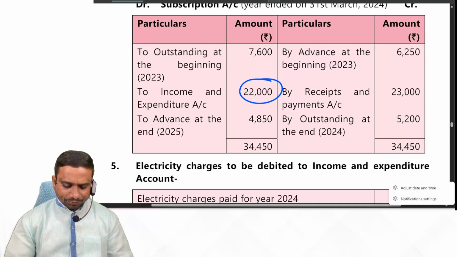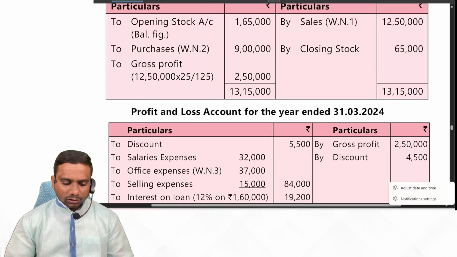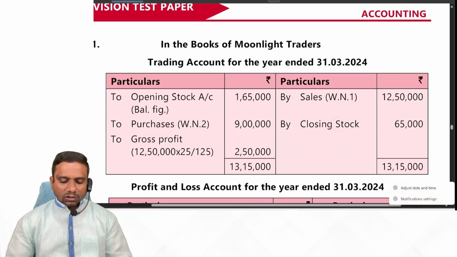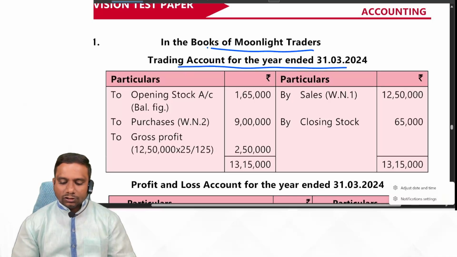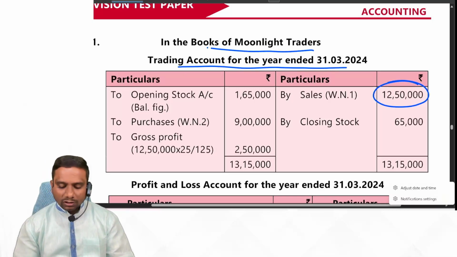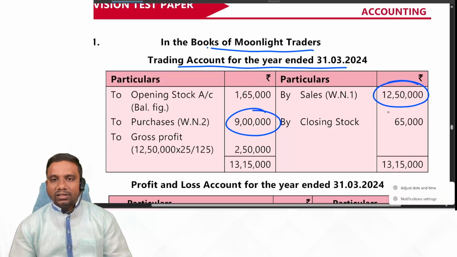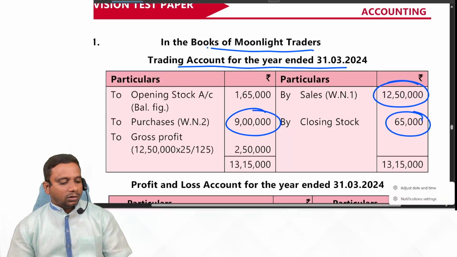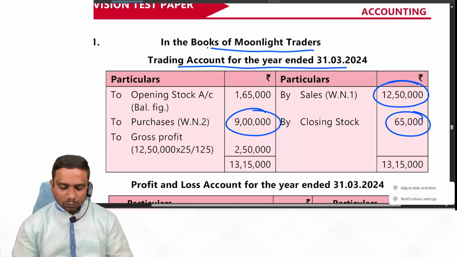If you observe the trading account of Moonlight, the trading account looks like this. The books of Moonlight Traders, trading account for the year ended 31st March 2020. Observe, sales 12 lakh 50,000, purchases 9 lakh, closing stock they have already given 65,000. Now 12 lakh 50,000 into 20% is your gross profit.